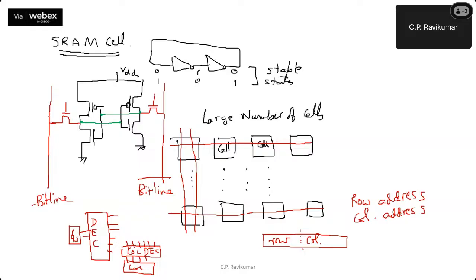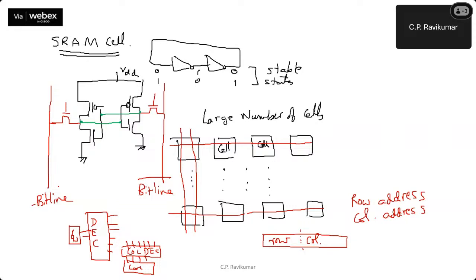And the other thing you have to note is, even with pre-charging, if you are trying to read from a cell, see the difference in the potential between the bit line and this output may be very weak, and it may be difficult to say whether it is a logic 0 or a logic 1.